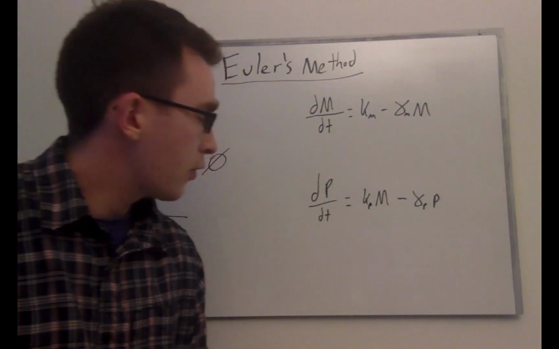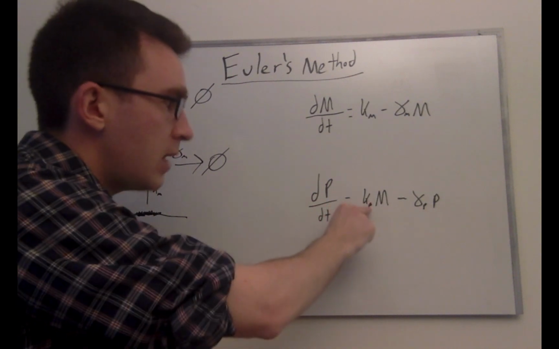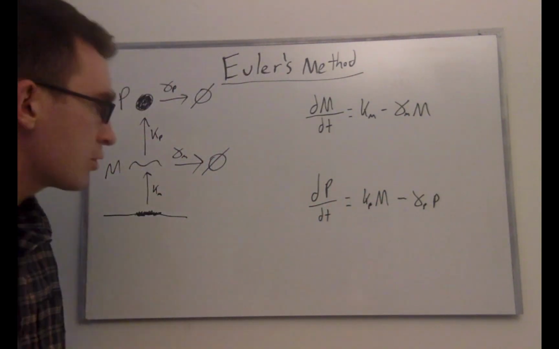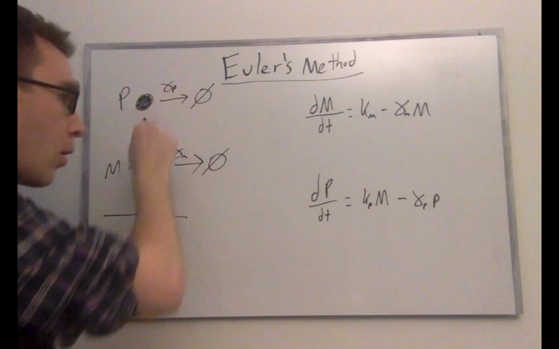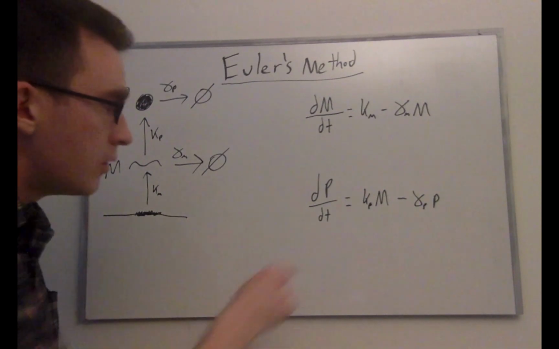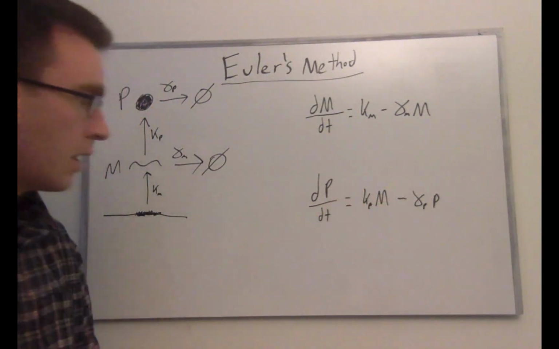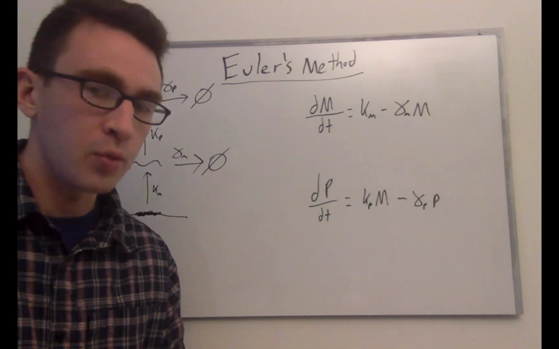And then for P, we have dP dt equals Kp times M. Same idea there. The reason it's multiplying M is because the protein is being produced from the mRNA. So we need some mRNA for the protein to be getting produced, and the more mRNA we have, the more protein will be produced from it.